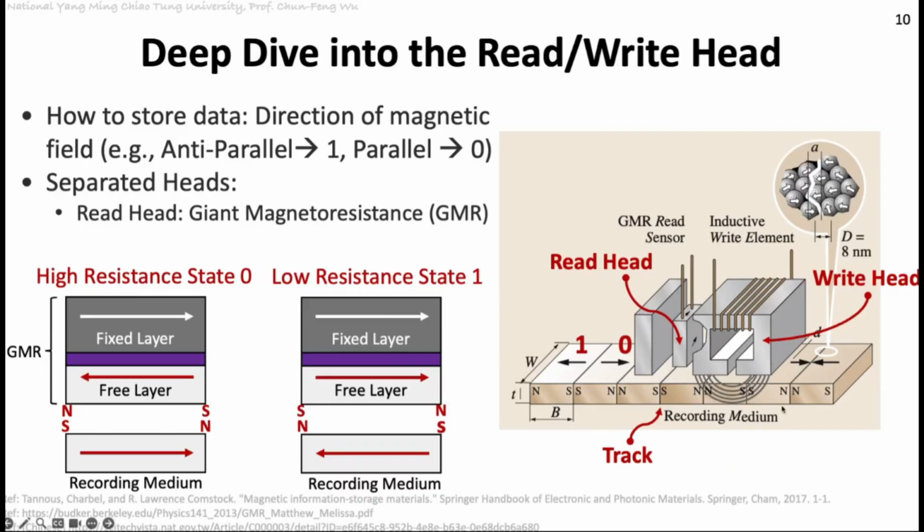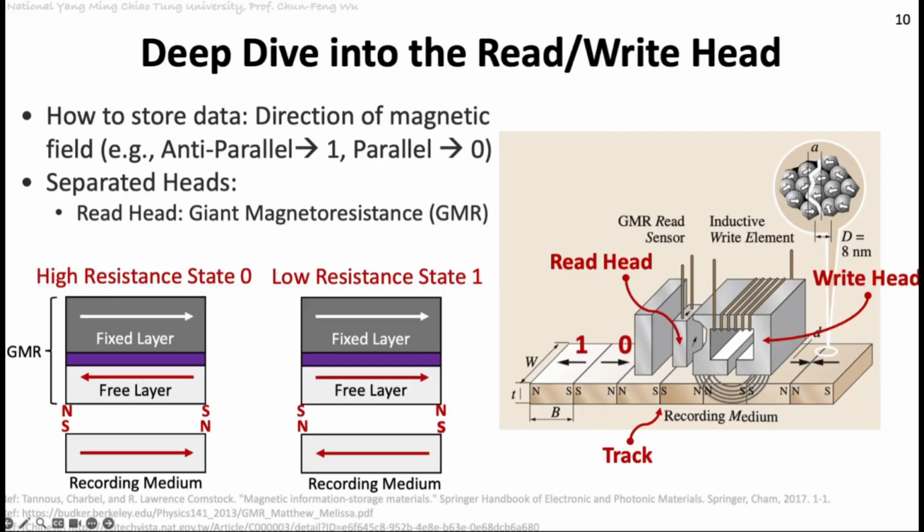Then there will be an error. So this is the reason why there is always a distance between all recording media. We can avoid the influence between the neighbor recording media, and we can also alleviate the effect from the write head. Okay, so this is for the HDD.